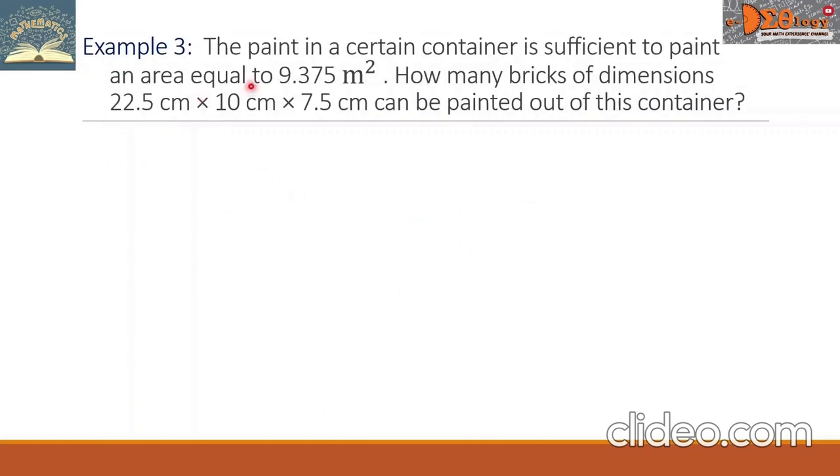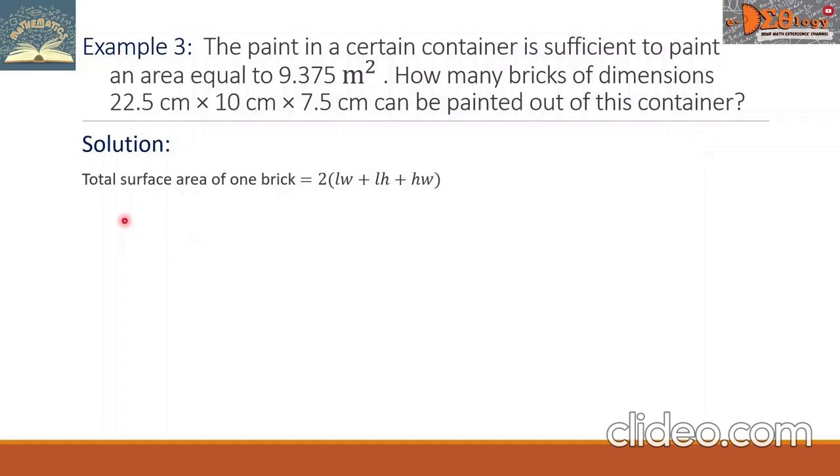Example 3. The paint in a certain container is sufficient to paint an area equal to 9.375 square meters. How many bricks of dimensions 22.5 centimeters by 10 centimeters by 7.5 centimeters can be painted out of this container?